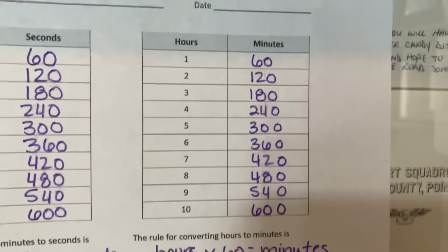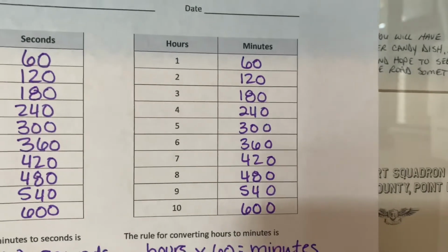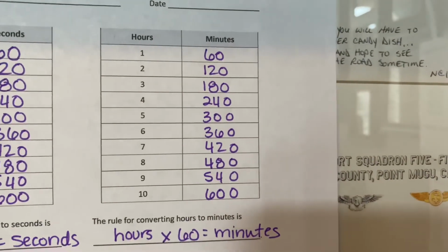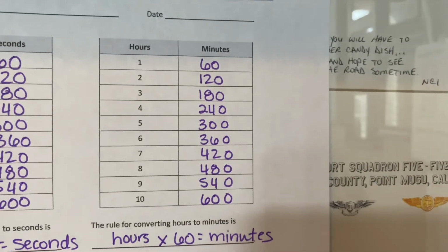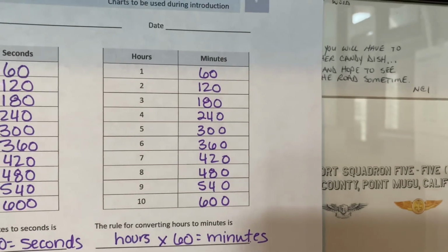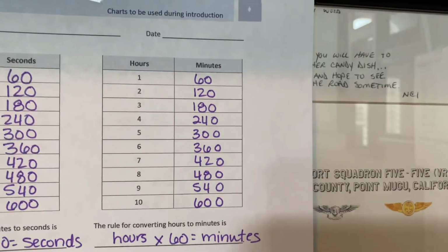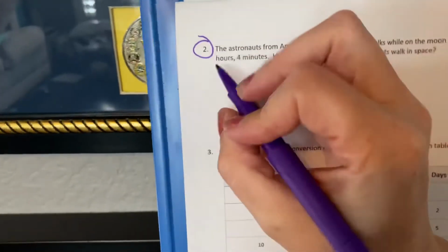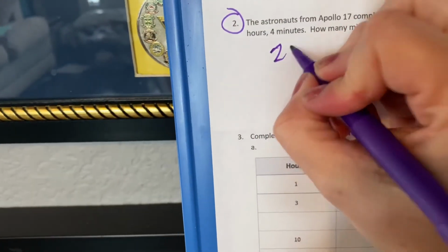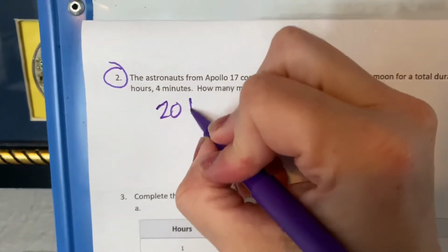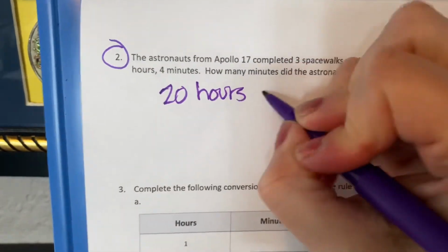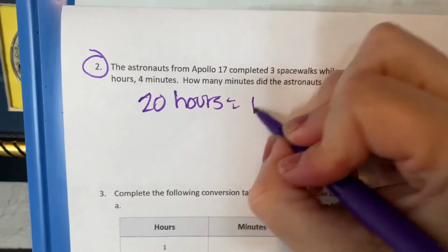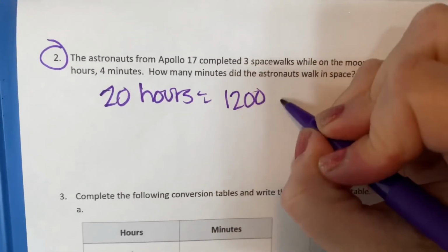So if we go back up and we look at our hours, we know that 10 hours is 600 minutes. So 10 hours plus 10 hours would be 20 hours. So 600 minutes plus 600 minutes is 1,200 minutes. So we know that 20 hours is equal to 1,200 minutes.